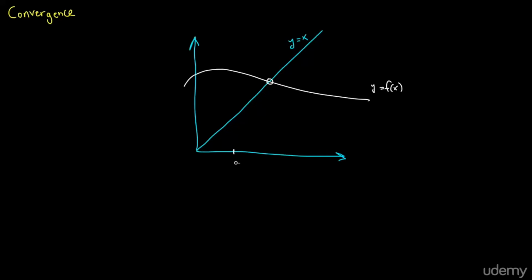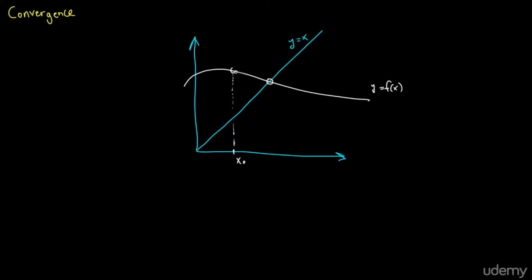Let's call it x0. What if this value happens to be the right value? We draw a line from this point to the point on the actual graph, so we get to see whether our result is in fact correct.